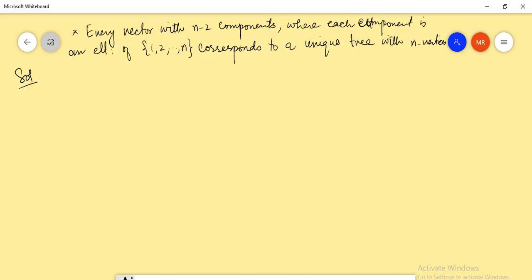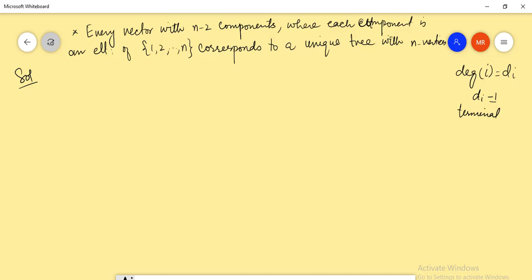And in the previous problem, we observed one thing, that while we were constructing the unique vector S corresponding to the tree, if the degree of any vertex was, say, di, then the label of that vertex appeared di minus 1 times in the vector S. Hence, if I have a terminal vertex, so it's of degree 1, and hence the labels of terminal vertices will not appear in the vector S, because if we subtract 1 from the degree, it means that the labels of the terminal vertices will not be appearing in the vector S.